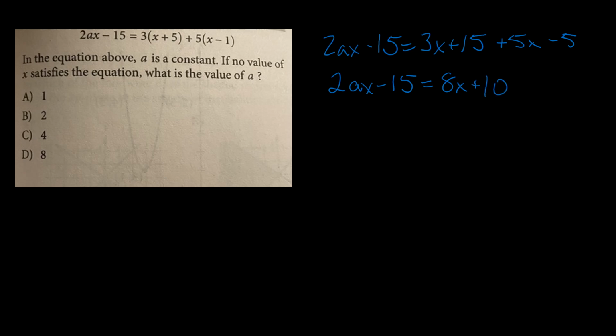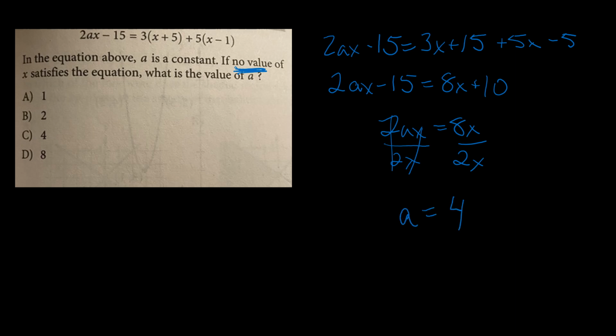Okay, well, the only way I'm going to get no value of x to satisfy the equation is if I can get rid of my x's. So I need my 2ax to equal my 8x. And that means if I'm solving for a, just divide each side by 2x. Let's cancel. a equals 4.